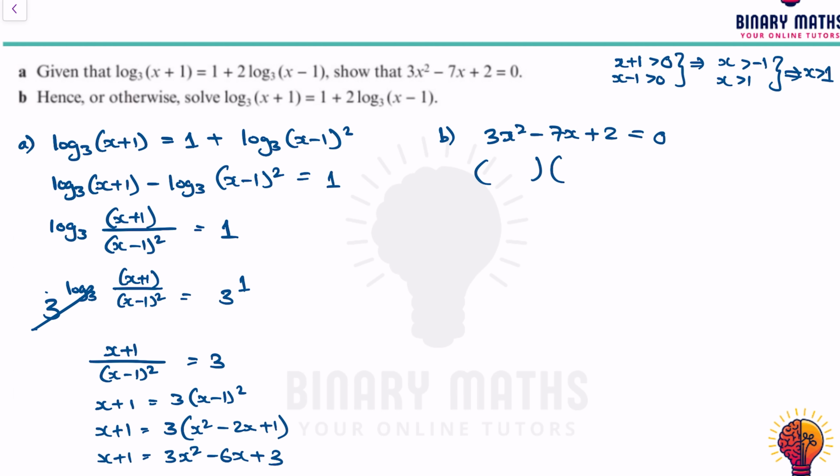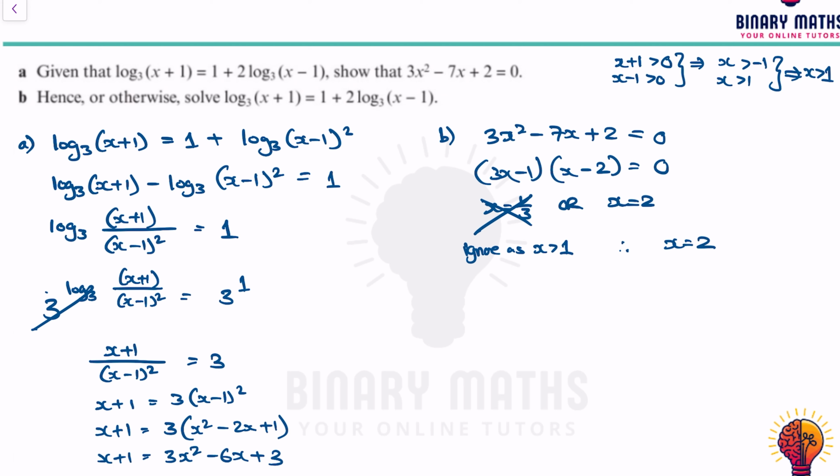If I factorize it, I've got 3x in one, x in the other, and I've got minus 2 here and minus 1, because I get minus 6x take away x, which is minus 7x, and minus 1 times minus 2 is positive 2, which means x is equal to a third, or x is equal to 2. Now we have to ignore x is equal to a third, because x has to be greater than 1. Therefore, x is equal to 2 is the solution.